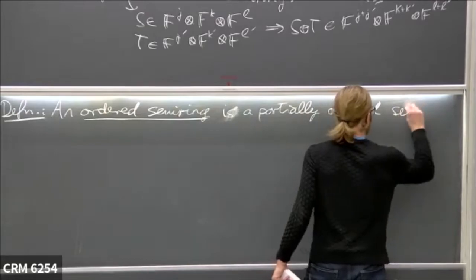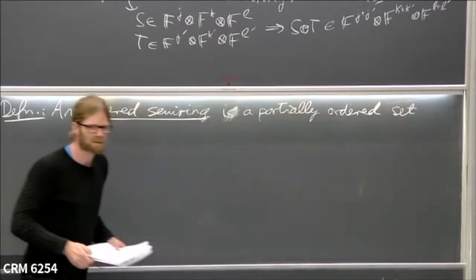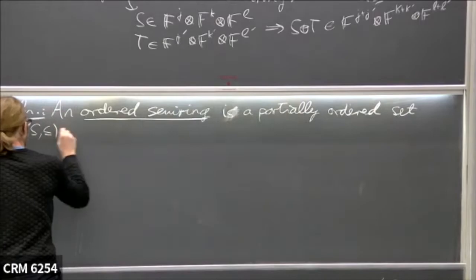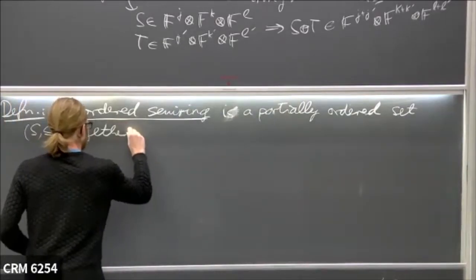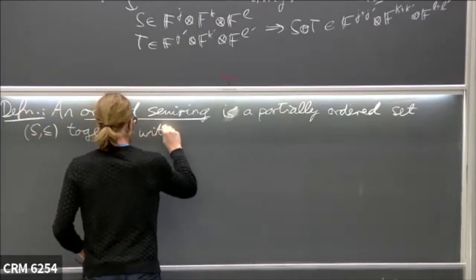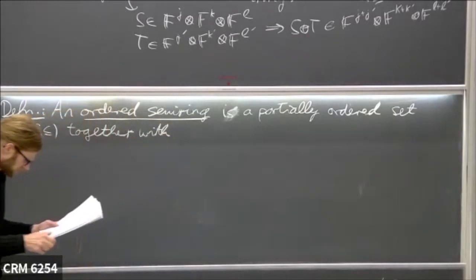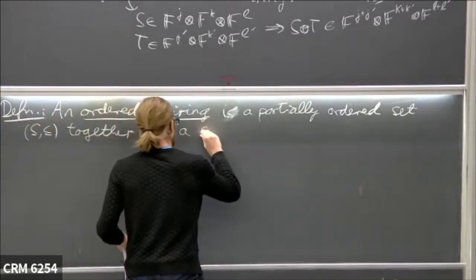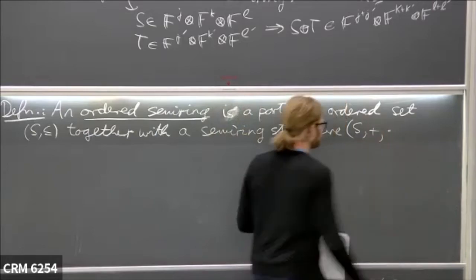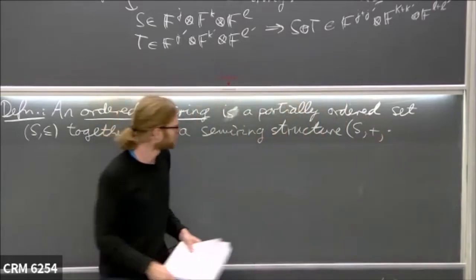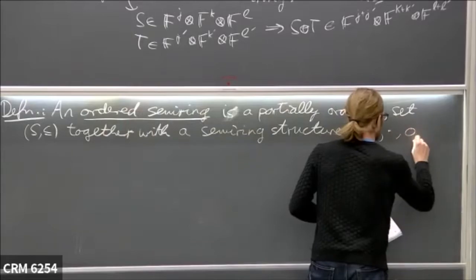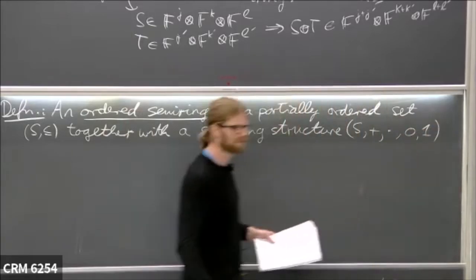But maybe partially ordered set is a little bit easier for most people to think about, together with now two binary operations, so a semiring structure, meaning that we have some kind of addition and multiplication, and then corresponding neutral elements.